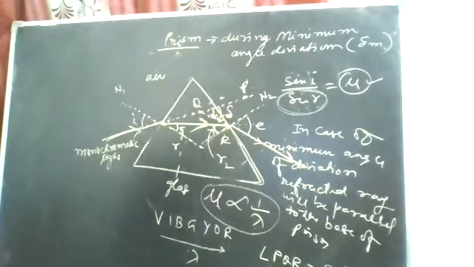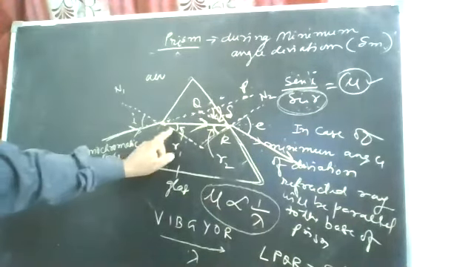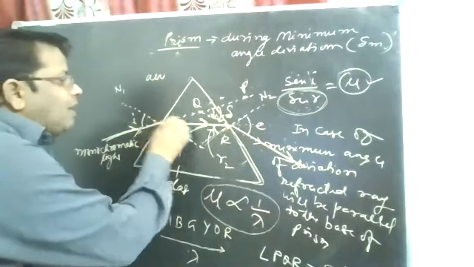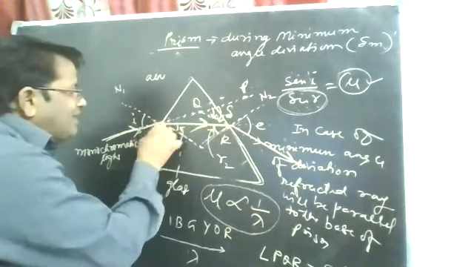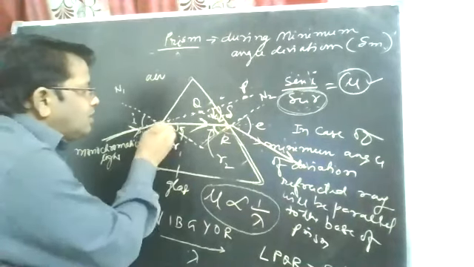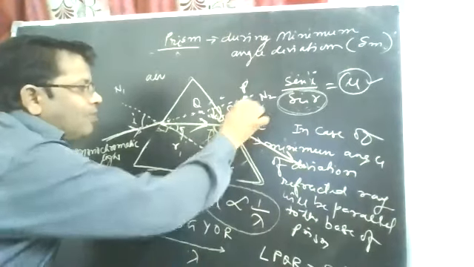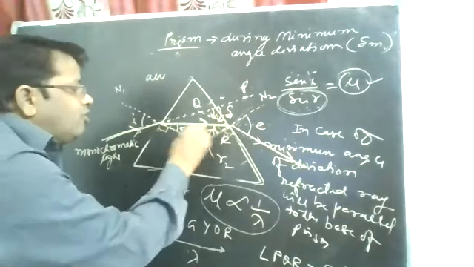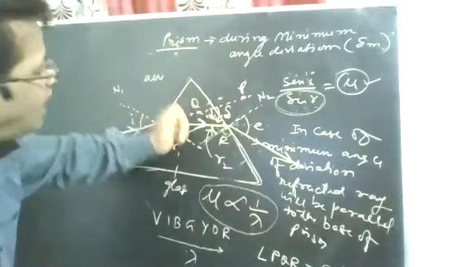Now all of you see, in case of minimum angle of deviation, r1 will be equal to r2. Why? Because this ray is passing parallel to the base of the prism, so this angle will be equal to this angle. This angle is 90 degrees, this angle is 90 degrees, because this one is normal. So definitely r1 will be equal to r2, because sin i upon sin r is equal to mu.